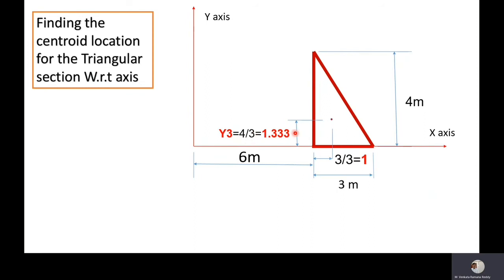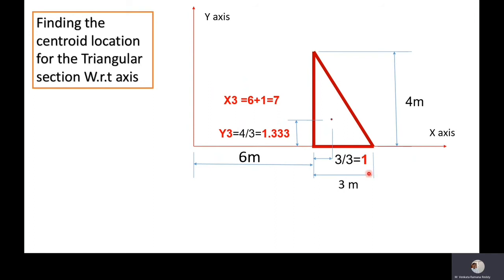y3 is equal to 4 by 3, but x3 is equal to 6 plus 1. x3 value is to be measured from the y-axis. So 6 plus 1, which is equal to 7. And y3 is equal to h by 3, which is 4 by 3, which is equal to 1.33.